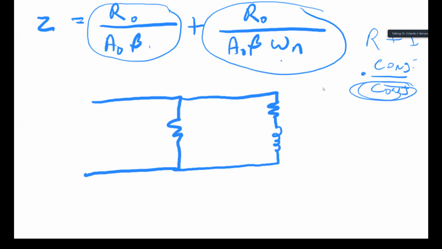All right. It's just tedious algebra, okay? So this over here is going to be R_o over A0 beta, and this one, the L, is going to be proportional to 1 over A0 beta as well.